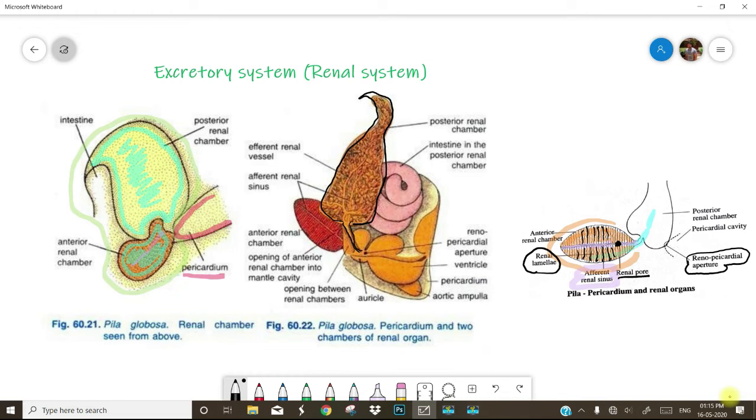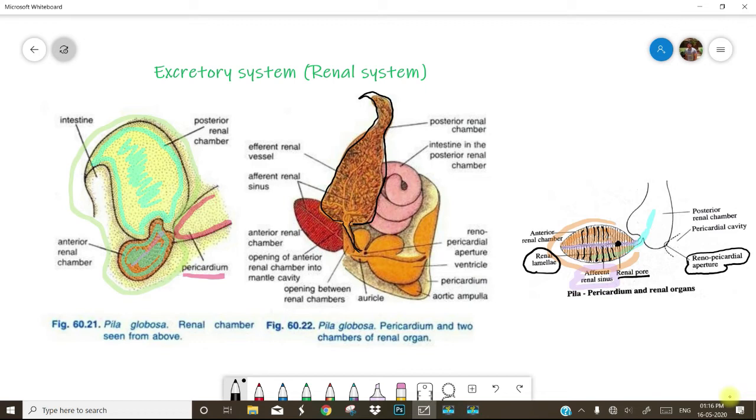So that is the structure of the renal organ. The renal organ is a bilocular structure. That means it contains two chambers, one anterior chamber and one posterior chamber. The anterior chamber is the smaller one, ovoid in shape, and contains so many renal lamellae or leaflets arranged on a central axis, which is known as the afferent renal sinus in case of the ventral side, and efferent renal sinus in case of the dorsal side.